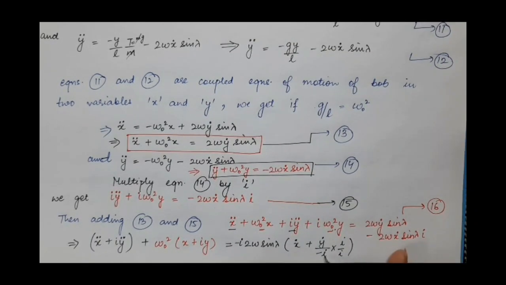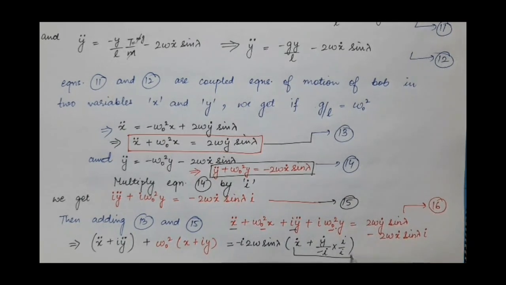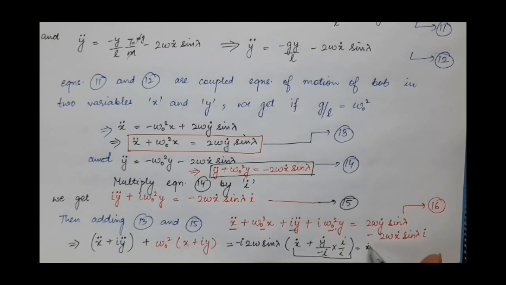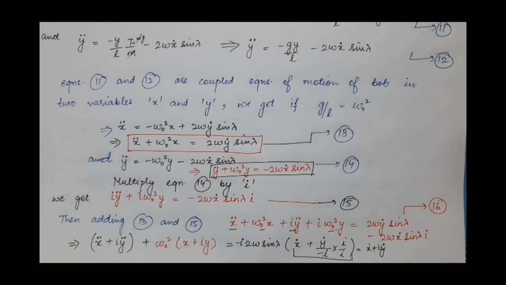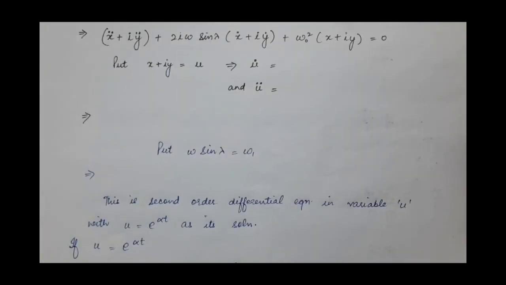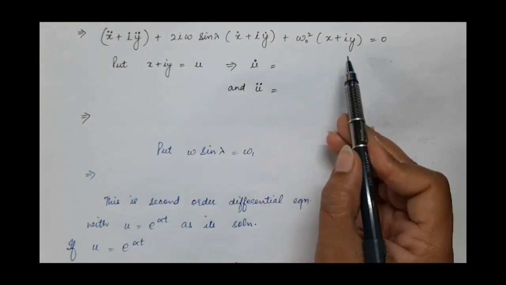So iota into iota will become iota square, and we know that iota square is minus 1, then this minus and this minus will be plus. So this is equal to x dot plus iota y dot. Now move this whole term to the left hand side. This negative term on the left hand side will become positive. So the equation will be reduced to this equation.